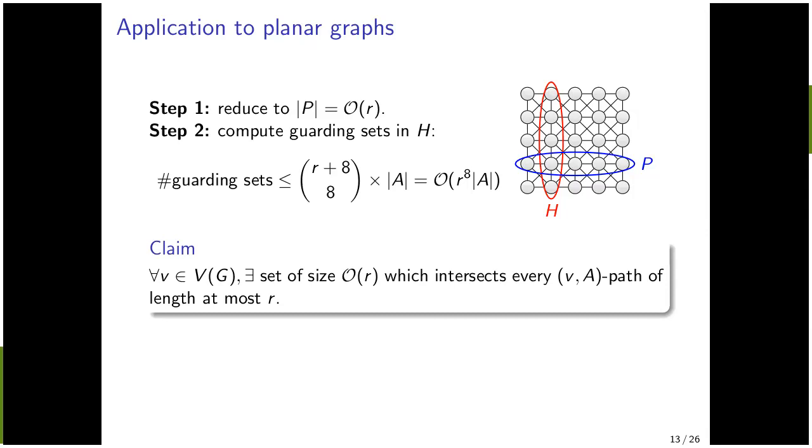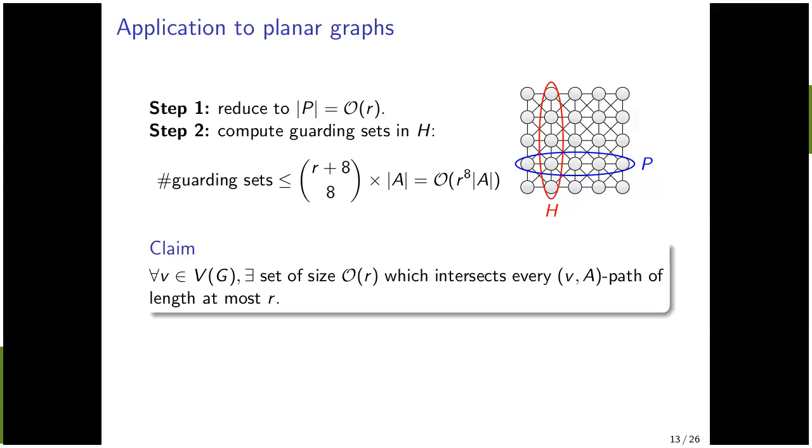Now, if you look at the ball of radius R, it will always fall into one of these intervals. So it's enough to focus on one interval of size 4R, and then at the end to sum the number of all the profiles on all the smaller instances. Okay, so I'm a bit quick, but this is easy. Now suppose that P has size O(R).